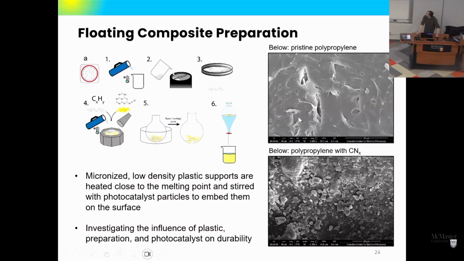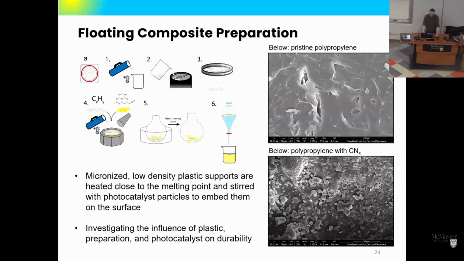And so here are some micrographs we took at McMaster. So this is our pristine catalyst surface, and then this is our pristine polymer surface. And then after we coat it with our catalyst material, you can see all of the carbon nitride components that are stuck to the surface there.